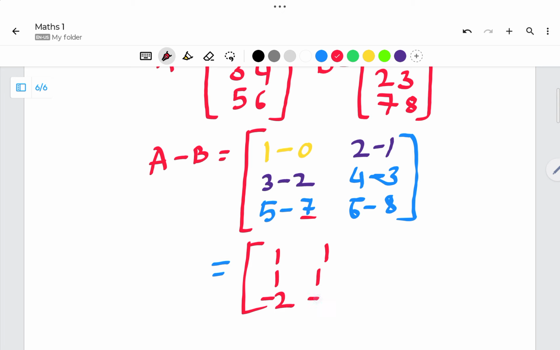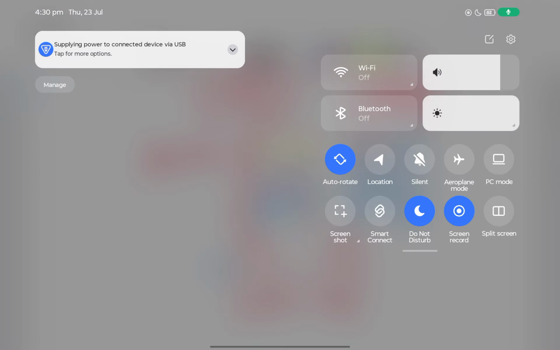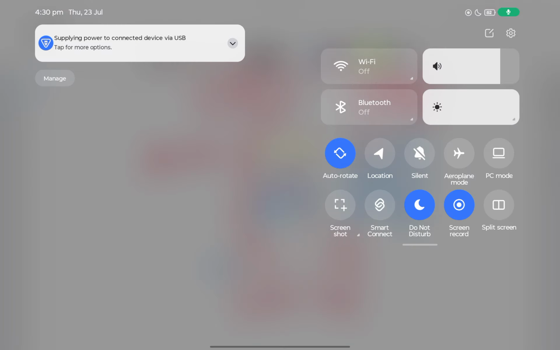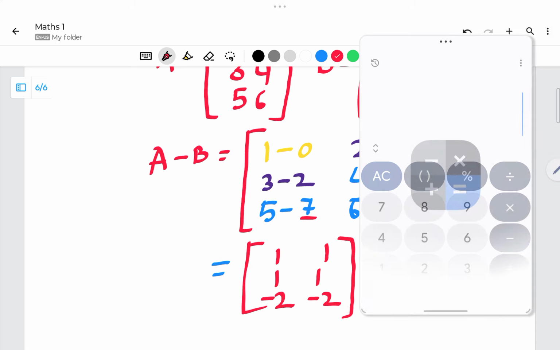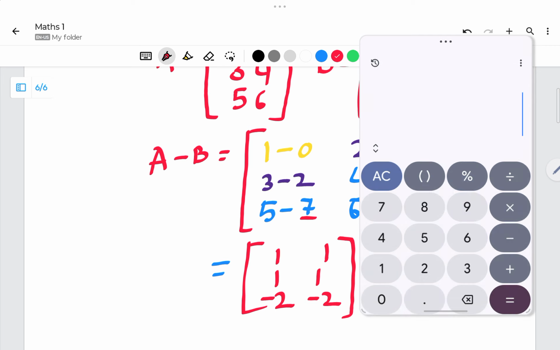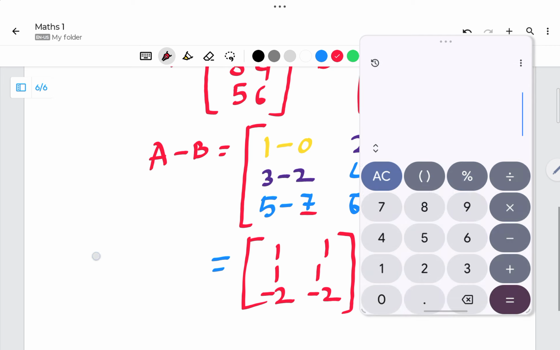It is minus 2. If you want to confirm this, you can use the calculator parallelly.